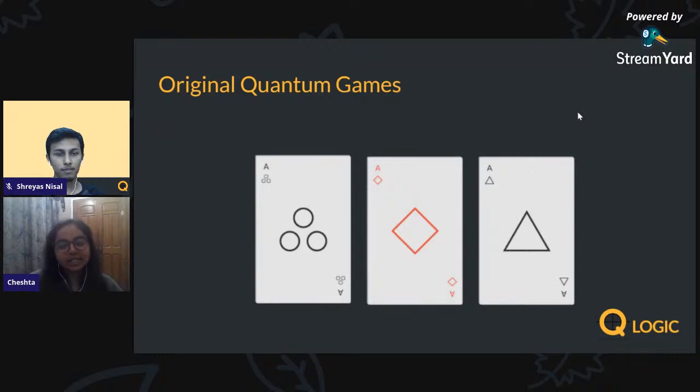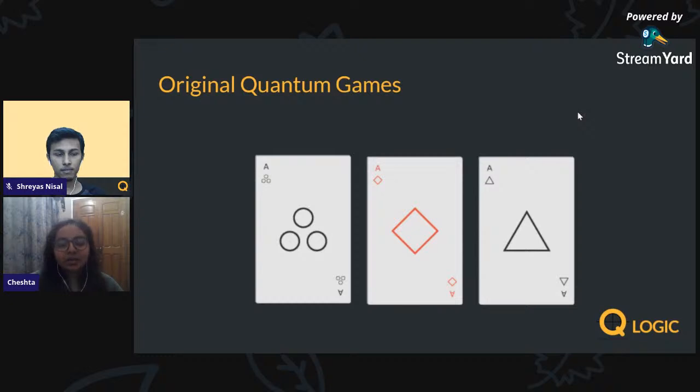Now, let's take the example I just gave. If we have the states 0 plus 1, 0, and 0 minus 1, and if you measure in the standard basis, then if you get a downspin, you can say for sure that you don't have the 0 state. And if you get an upspin as a result, then you're not very sure which state you have.